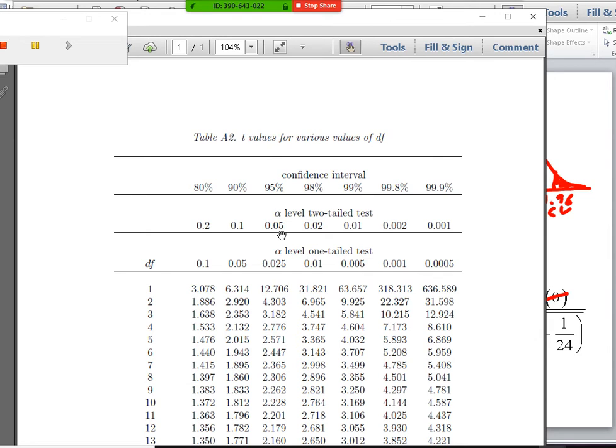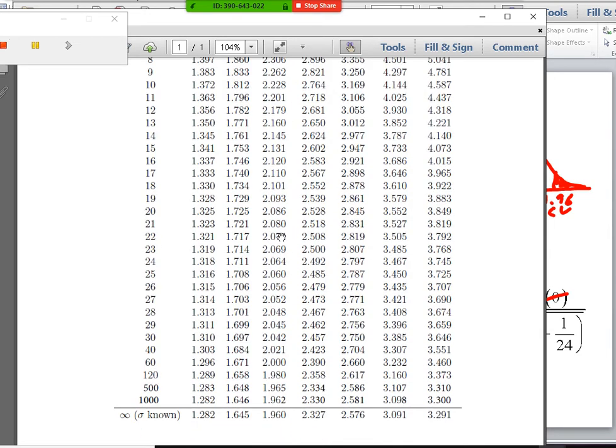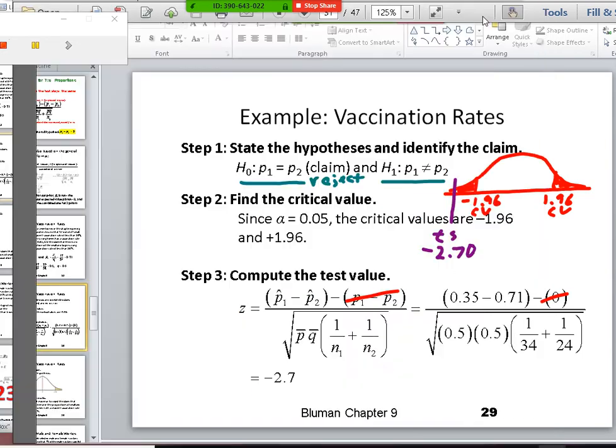And it's a proportion, easy peasy. I'm going to use the z-table, which is all the way at the bottom. So right here you can see 1.96. That is my critical value. It's two tails, so it's going to be positive and negative 1.96. So I'm going to draw my little picture, shade it, put in negative 1.96 and positive 1.96.